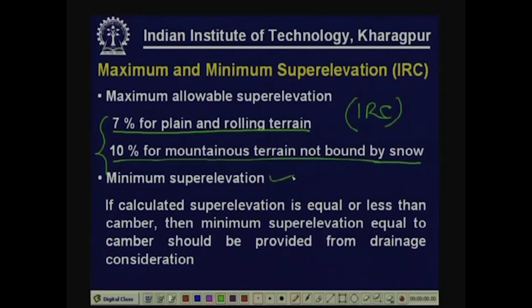One may be surprised why there is a need for minimum super elevation, but one can recall the discussion in earlier lessons about the camber. Camber is also a cross slope, super elevation is also a cross slope. So, both are basically cross slopes.